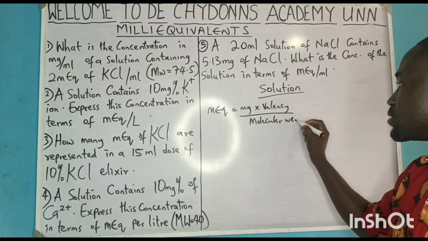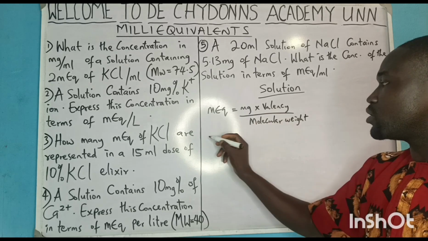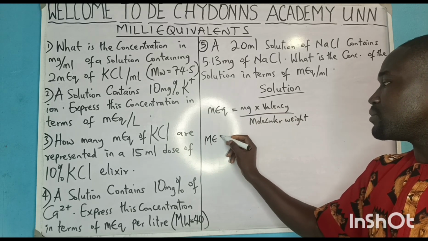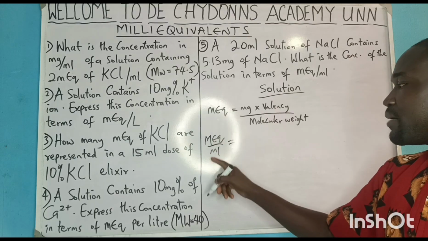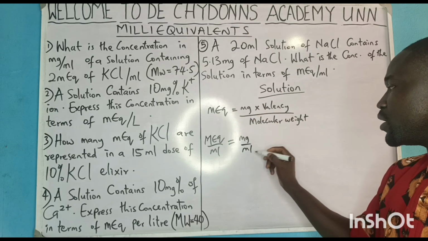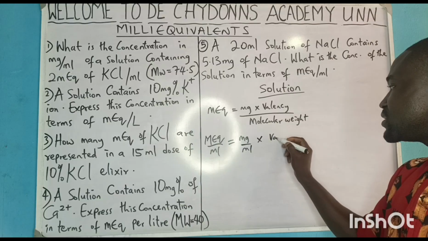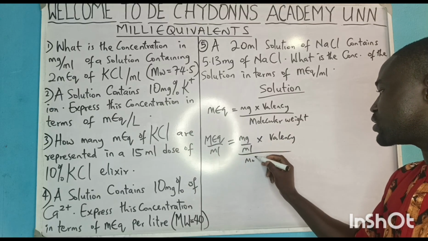You can also have this formula in mind. Milliequivalent per mL: once you say milliequivalent per mL, this one will be milligram per mL times valency all over molecular weight.